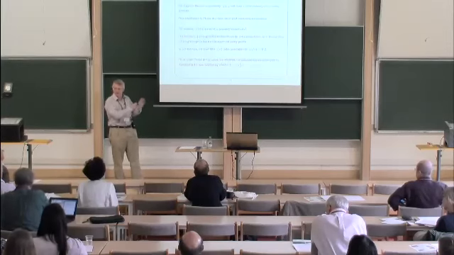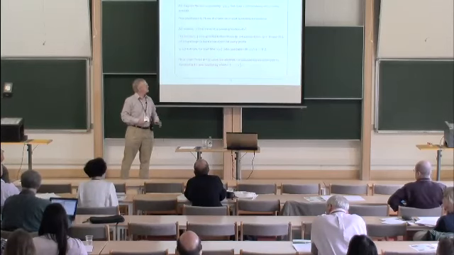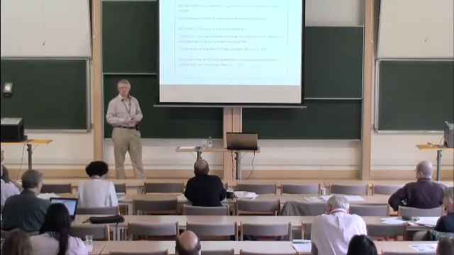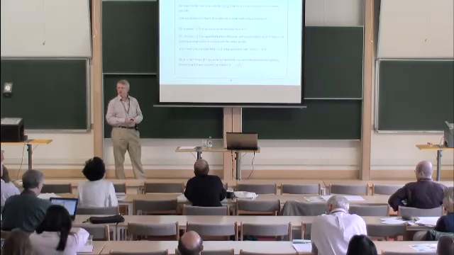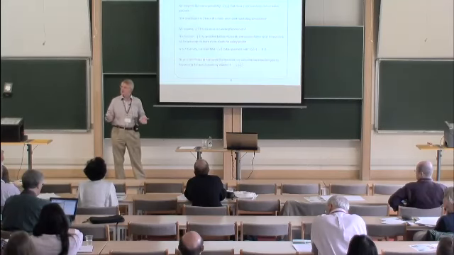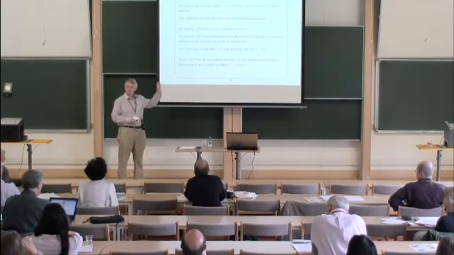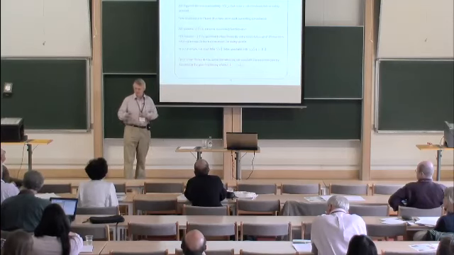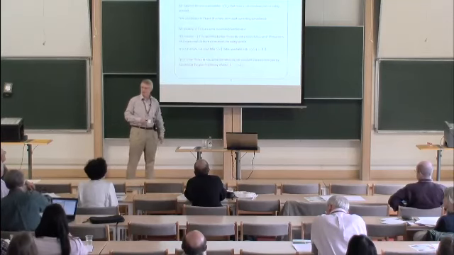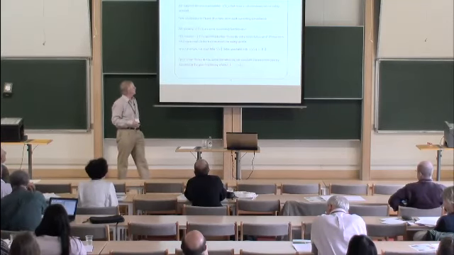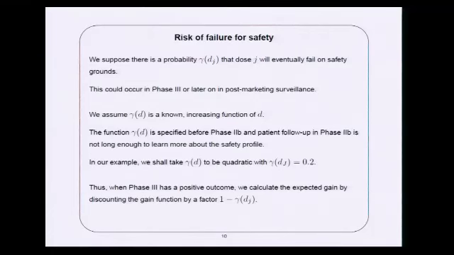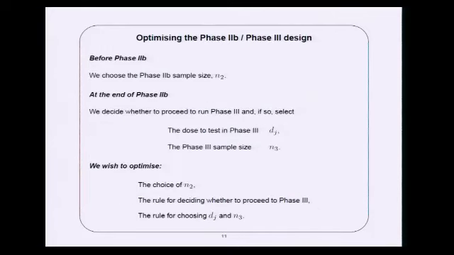We're not claiming to learn about it in phase 2. So it may be that the evidence comes up in phase 3 and you have to give up your trial there. It may be that the risk only comes later after marketing. Whatever the situation, you lose your gain. Maybe you lose more than that if you've actually been treating patients and having bad things happen to them. So that will counter the tendency otherwise of just choosing the high doses.